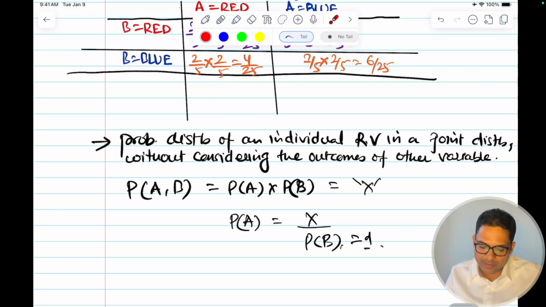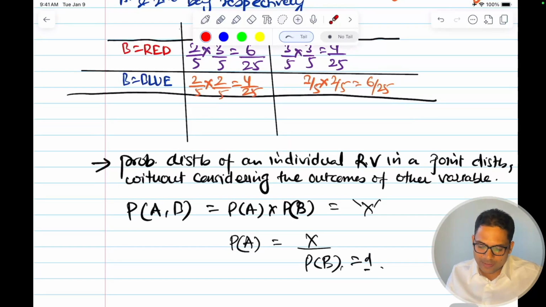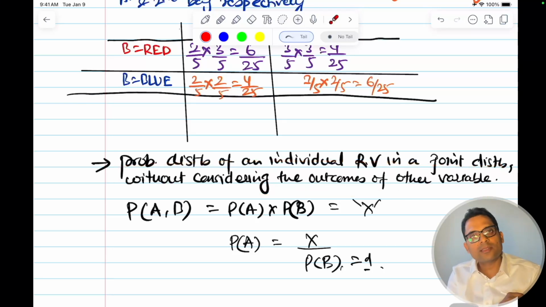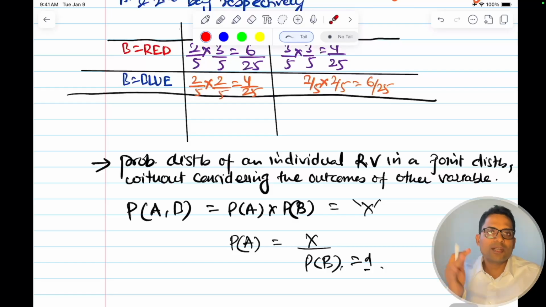This is what I'm trying to explain: without considering the outcomes of the other variable means that the other variable doesn't exist, or even if it exists, the probability of having that is always 1.